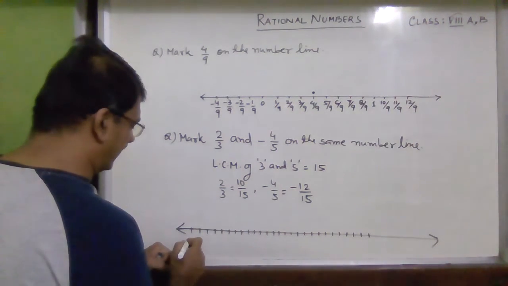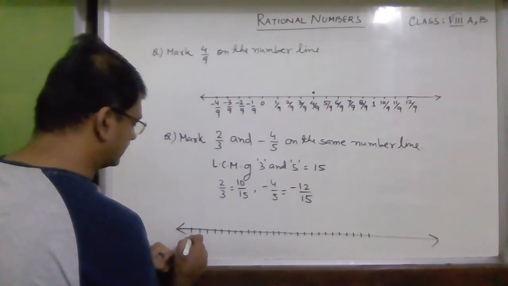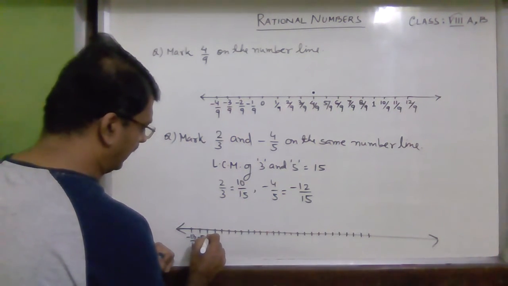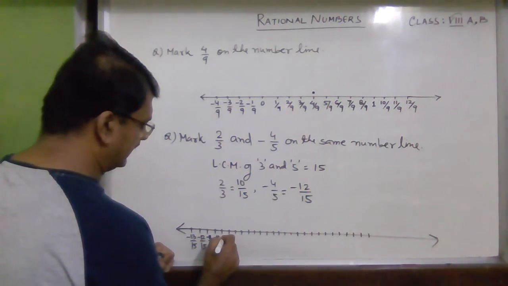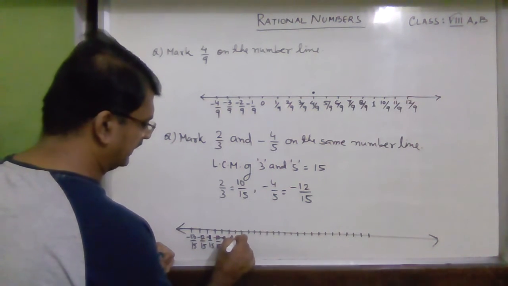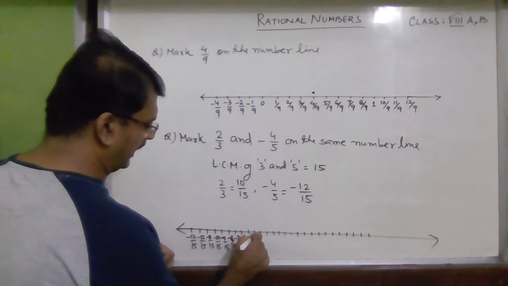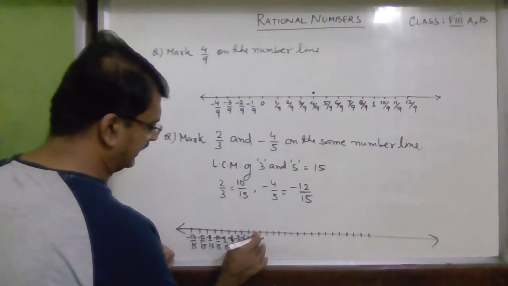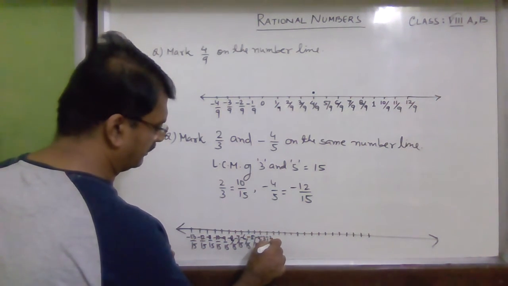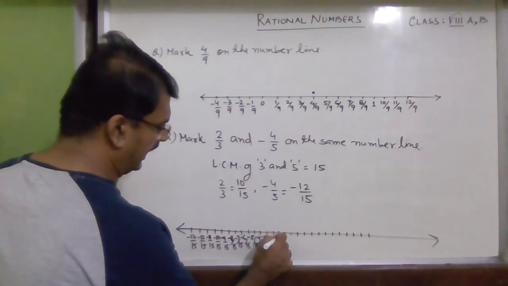Now you see, we need minus 12, we'll start from minus 13. So minus 13 upon 15, minus 12 upon 15, minus 11 upon 15, minus 10 upon 15, minus 9 upon 15, minus 8 upon 15, minus 7 upon 15, minus 6 upon 15, minus 5 by 15, minus 4 by 15, minus 3 by 15, minus 2 by 15, minus 1 by 15 and 0.